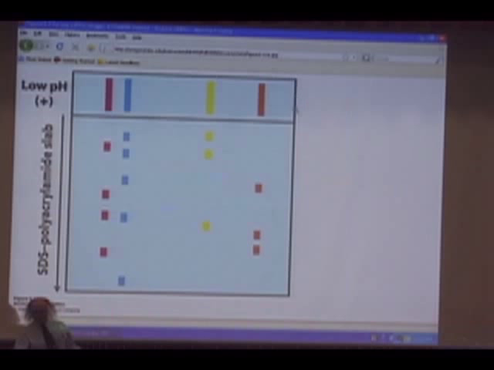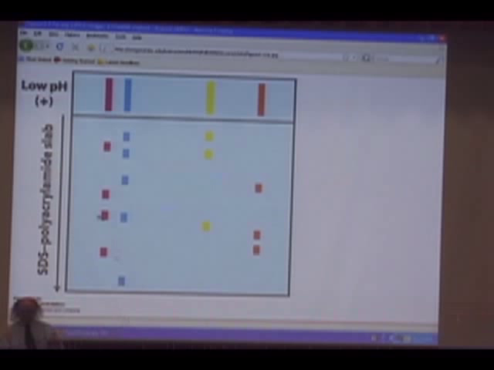The proteins have been separated on the basis of their pI. Now I run SDS-PAGE running down this way. And yes, I had to add SDS to that after the fact. Okay? After I did the pI separation, I added SDS. Now I'm going to do SDS-PAGE, and I'm going to separate these proteins on the basis of their size.